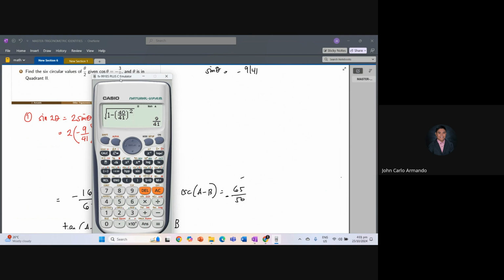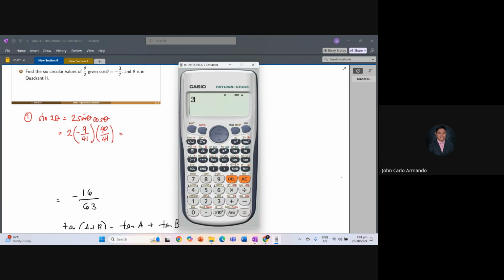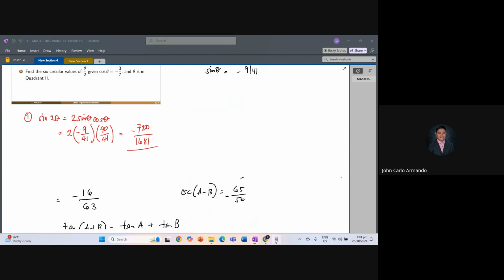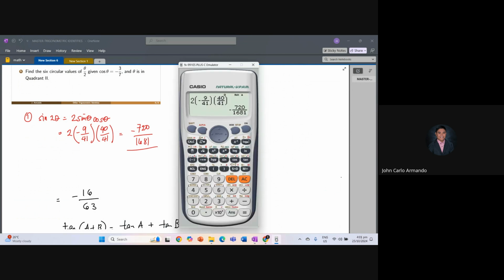Simply use the calculator. So 2 times negative 9 over 41 times 40 over 41. Ayan. So the answer is negative 720 over 1681. Okay?